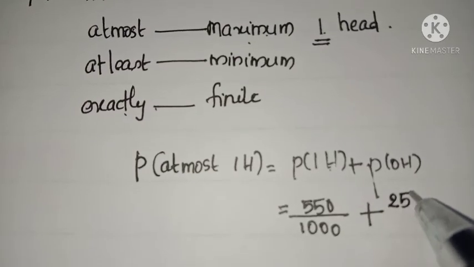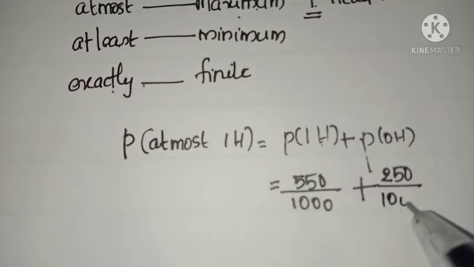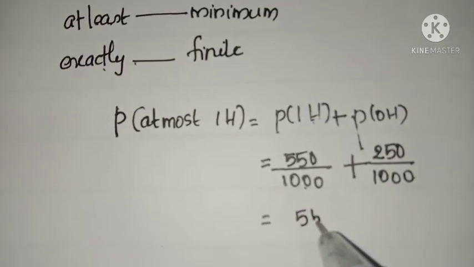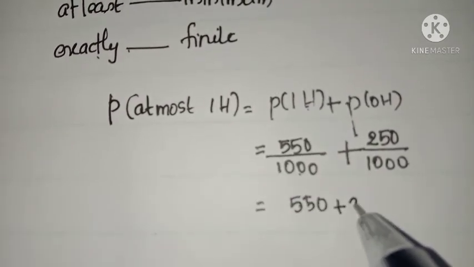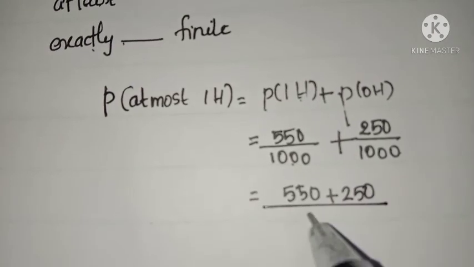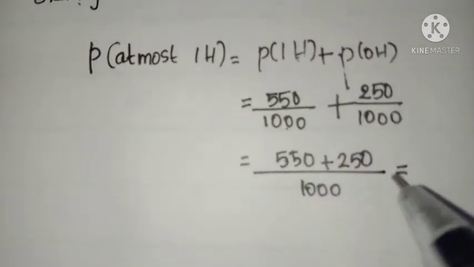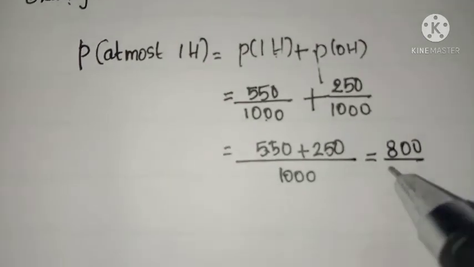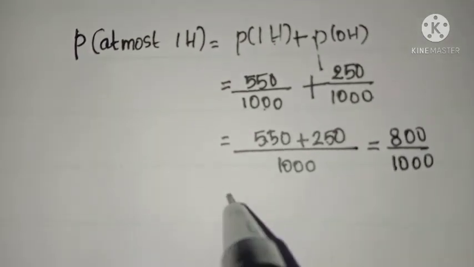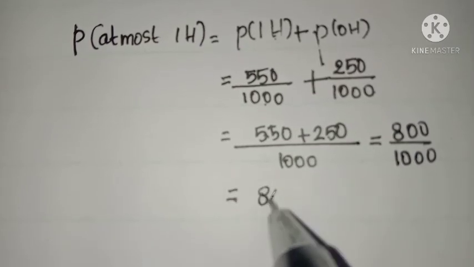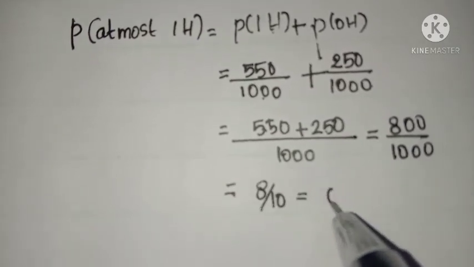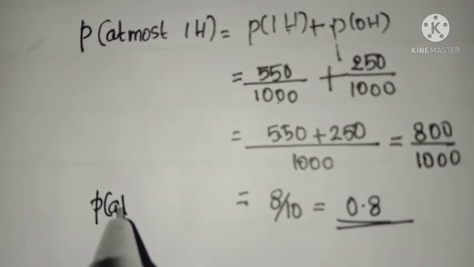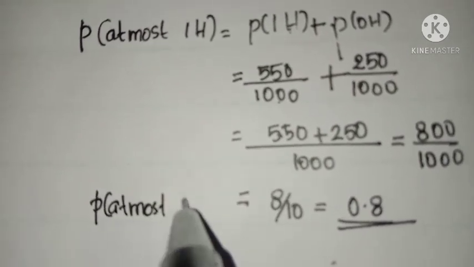So favorable number 250, total number 1000. Here denominators are same. So add the numerators, 550 plus 250 divided by the same denominator. 550 plus 250 gives 800. 800 by 1000 is 8 by 10. That is 0.8.